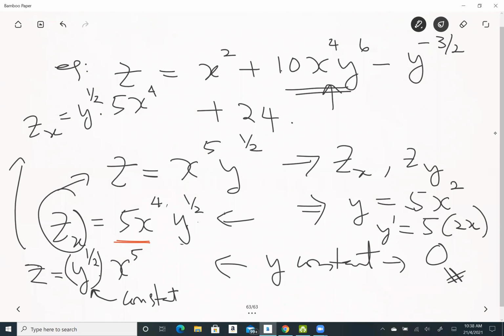Okay, so you find zy. The x to the power of 5 is a constant. Now we go ahead and find the derivative of the function with respect to y.